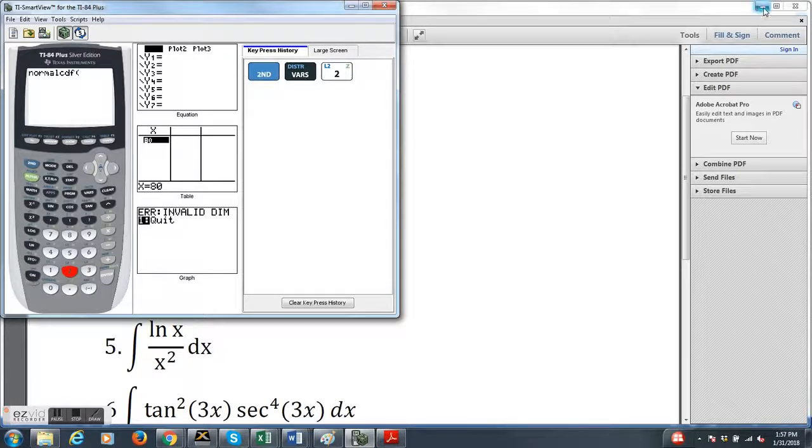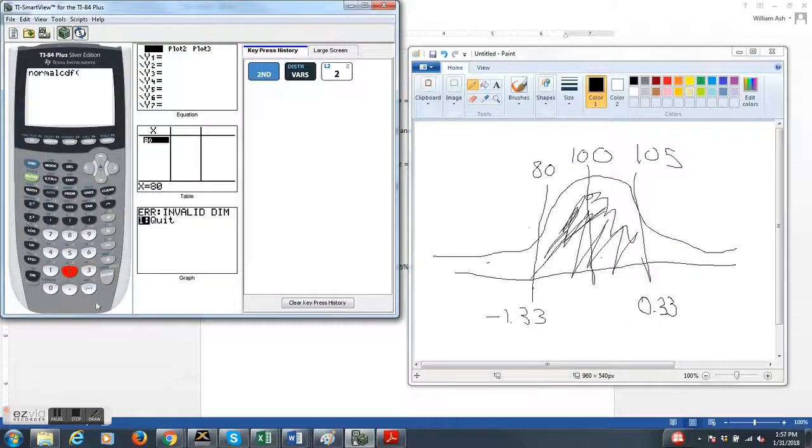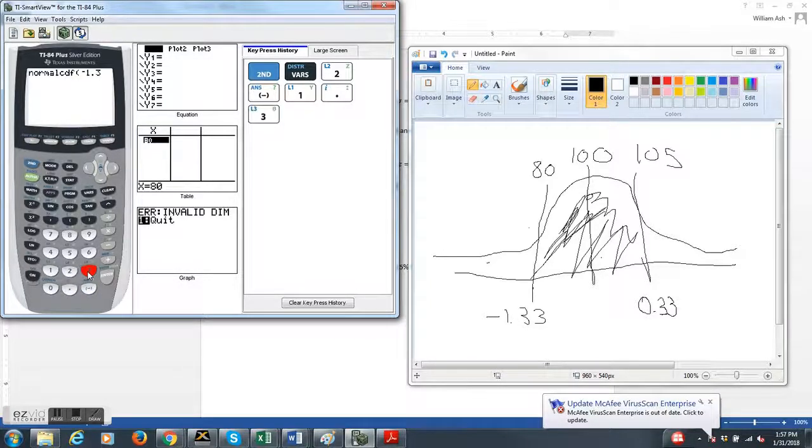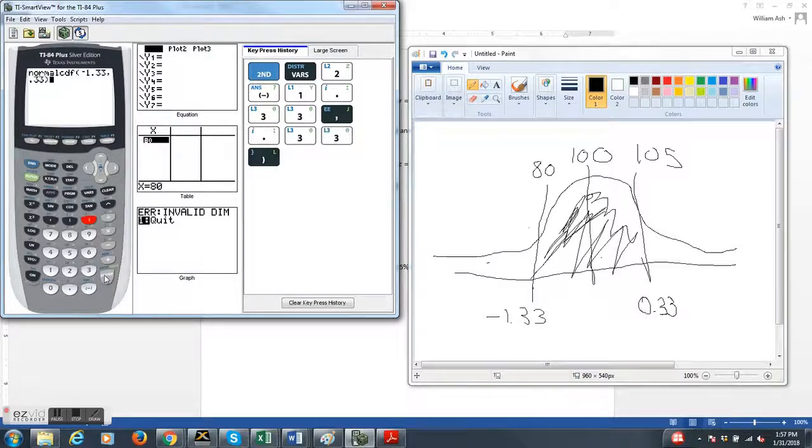Let me see, so I want to go from negative 1.33 to positive 0.33. And there goes my answer right there, 53.75%.